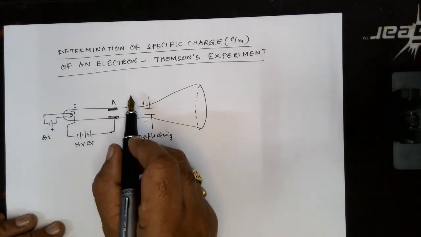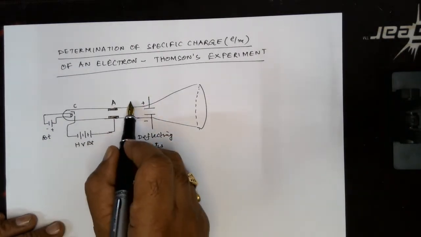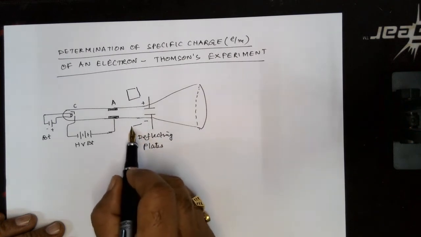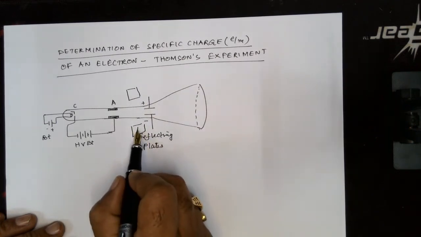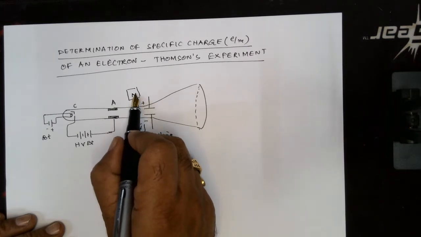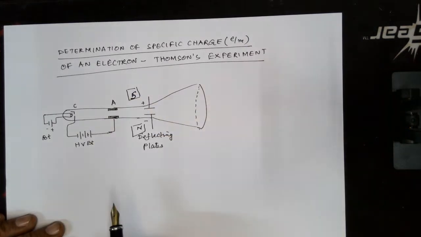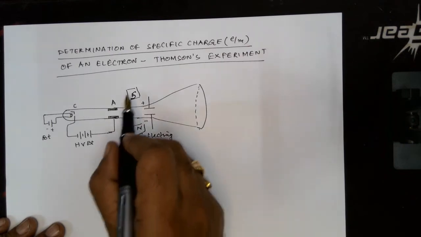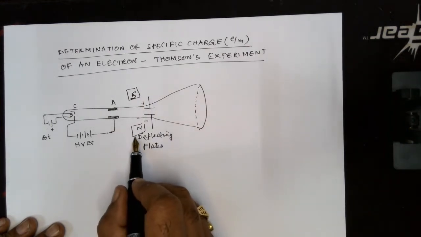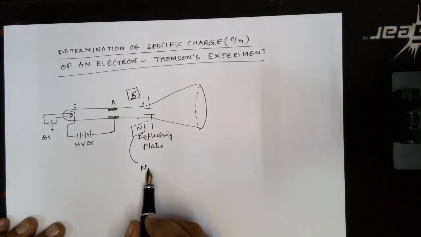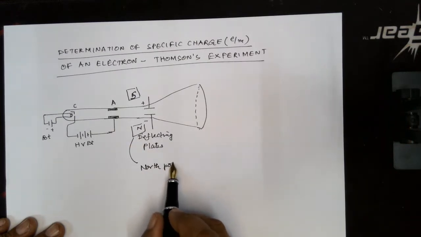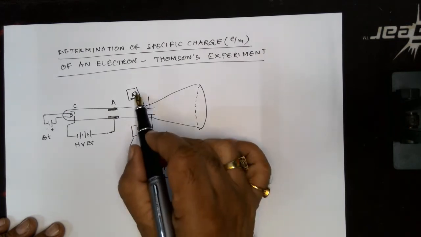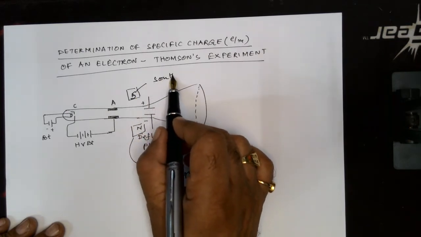And we have kept at the right angle a magnet with north and south pole. This is the south pole of the magnet.